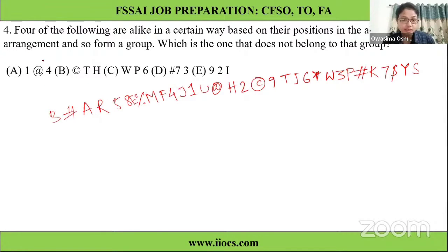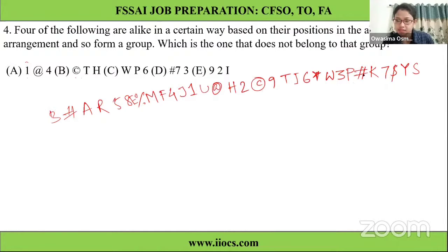So here, the first term is 1 @ 4. Are the 1, @ and 4 sequential? No. Another is C T H. Next, W P 6. It is not in the series either.